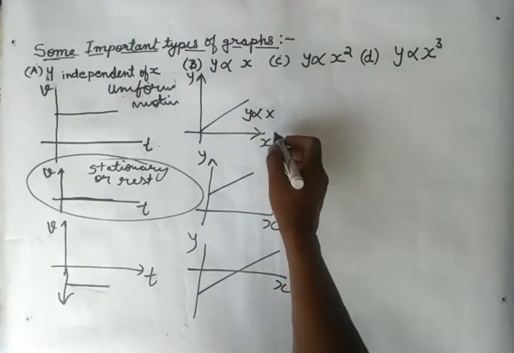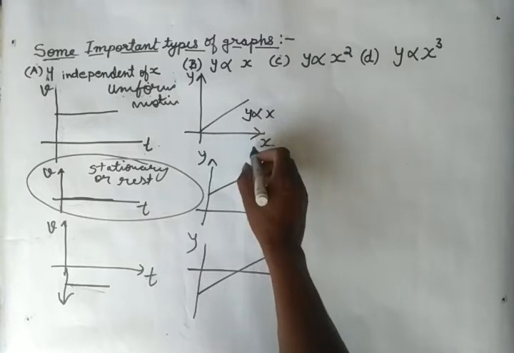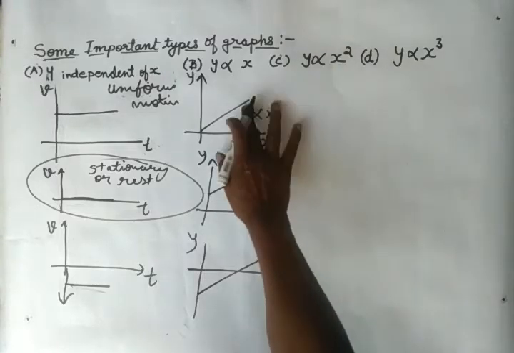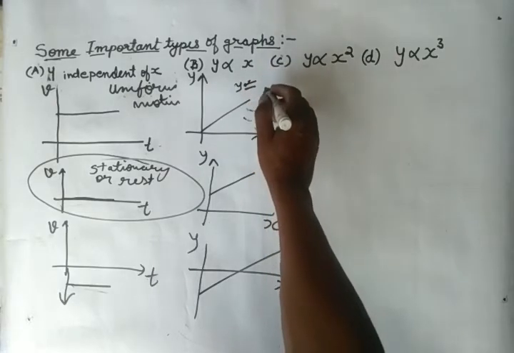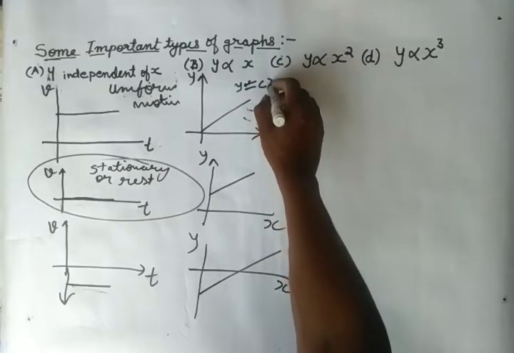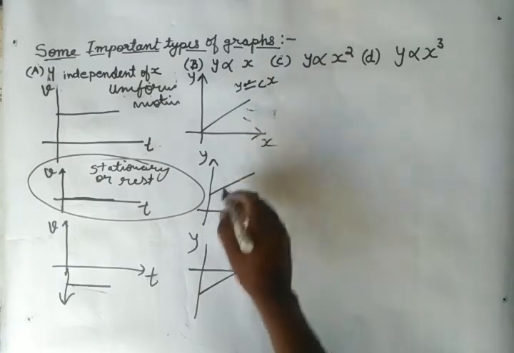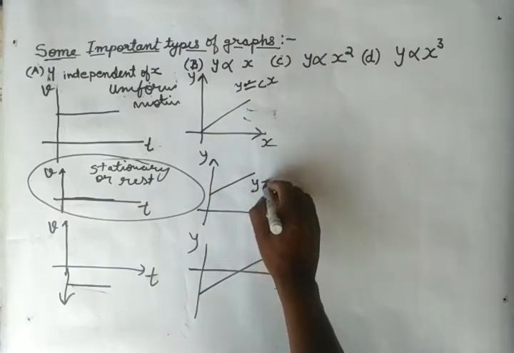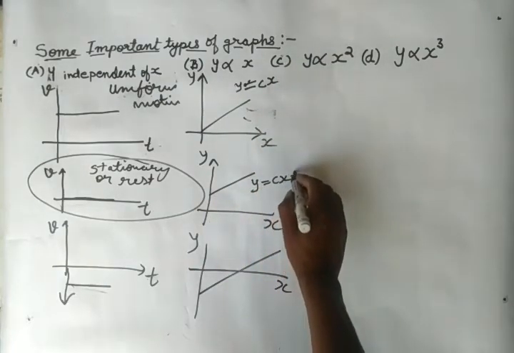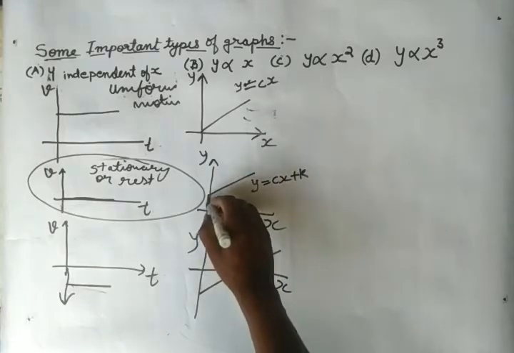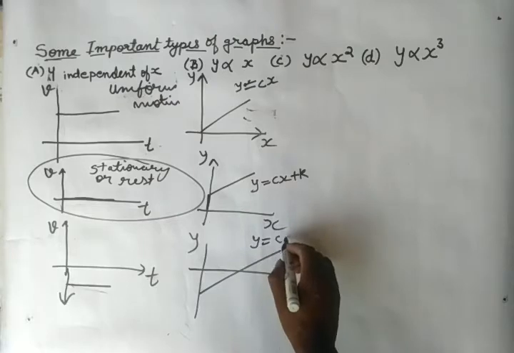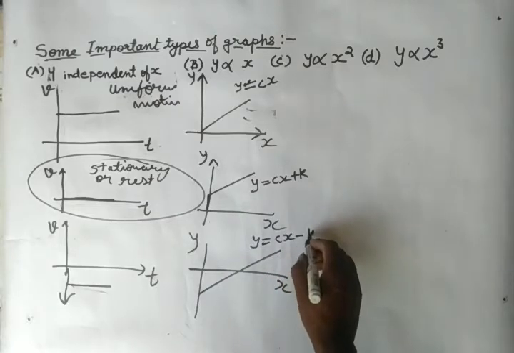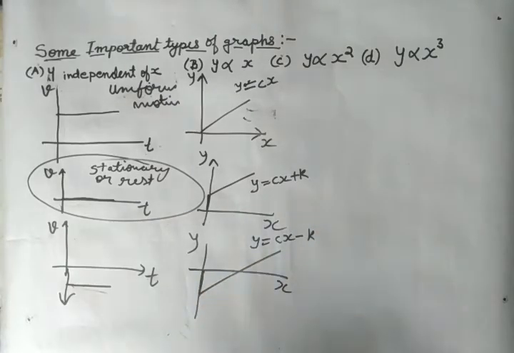Or if we replace this proportionality sign, we can write it. This is y proportional to x. So when we replace this proportionality sign, some constant will come here. And here, y equal to cx and some other constant for this addition. And here, y equal to cx minus k for this subtraction.